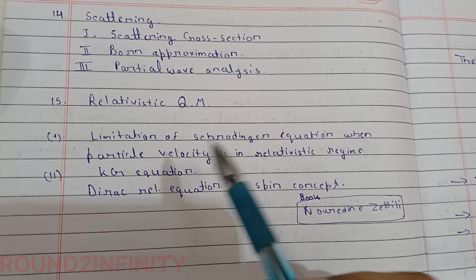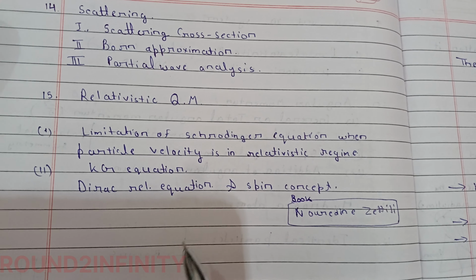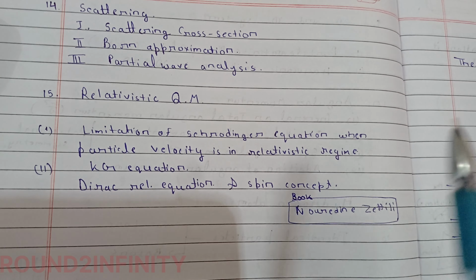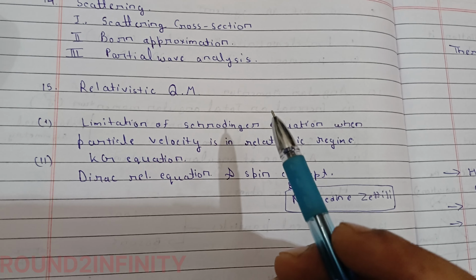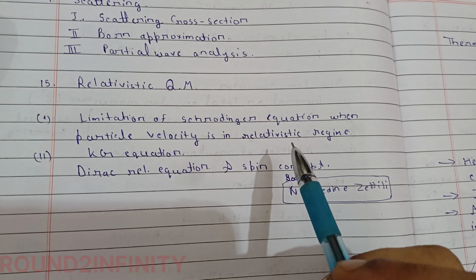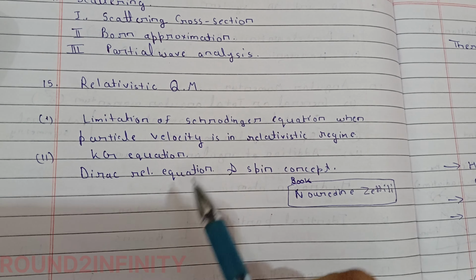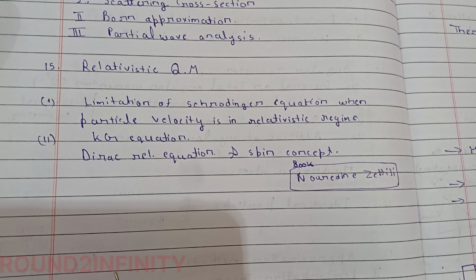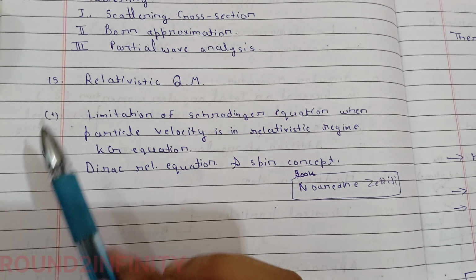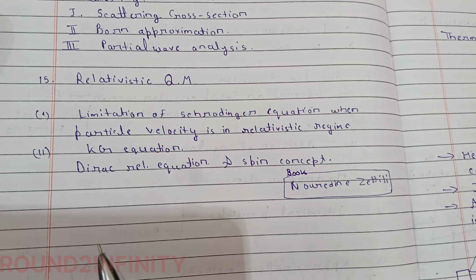In it we will study the limitations of the Schrodinger wave equation when particle velocity is in the relativistic regime, and how the equations are not valid when the velocity is near the speed of light. We'll see more about the KG equations, Dirac relativistic equations and spin concepts. We'll study all these topics.